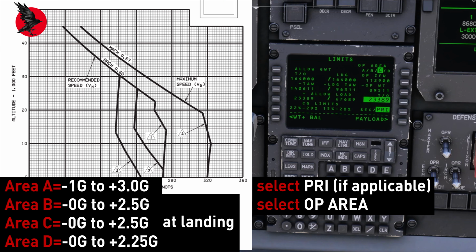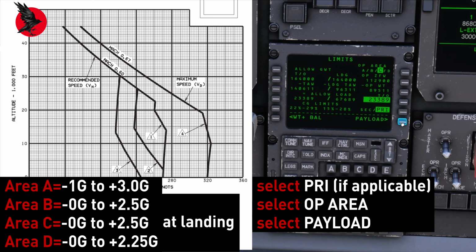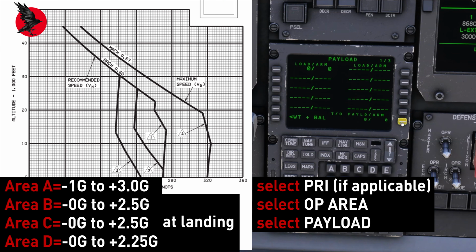Now let's move to the payload section and enter the actual payload. We can add it in any of the slots here. We have 2 payload entries here, one for the pallet and one for the container.